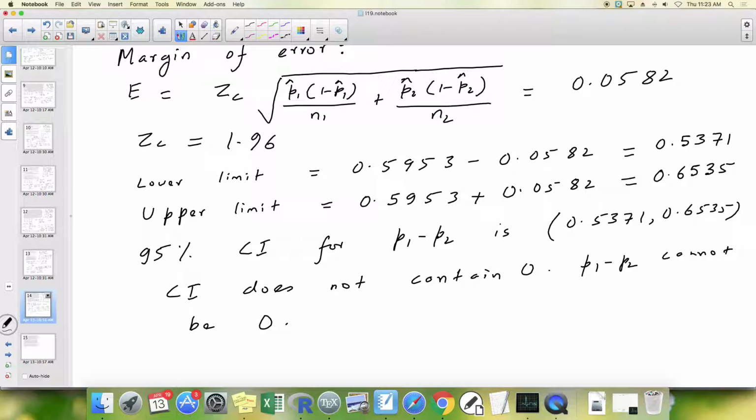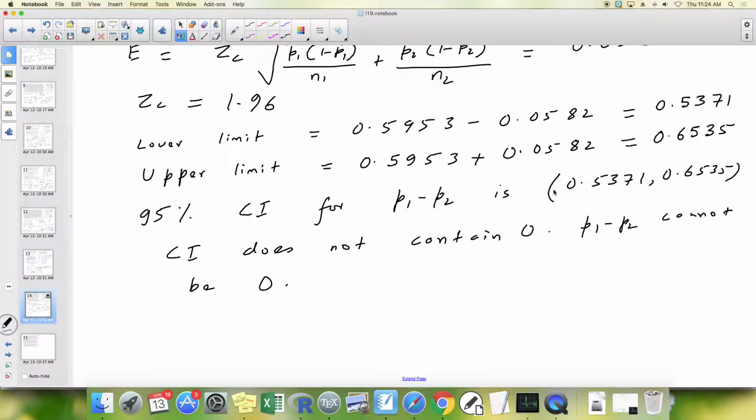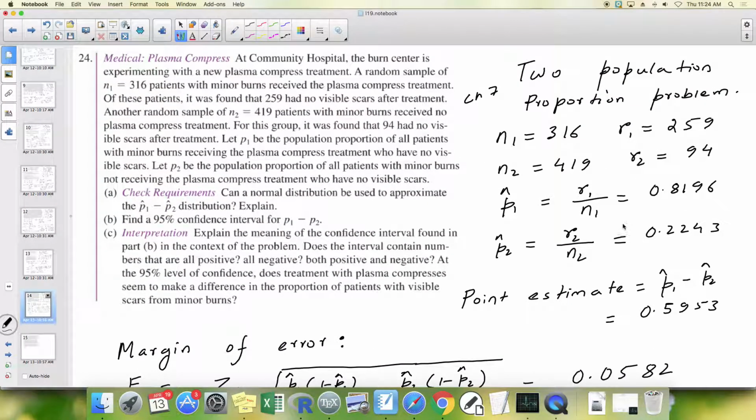That means they cannot be the same. And P1 minus P2 is always positive. Like this is positive, this is positive. Hence, P1 is bigger than P2. Also, the CI is positive, comma, positive, which means P1 minus P2 is positive. Thus, P1 is bigger than P2, and thus the plasma treatment is effective.